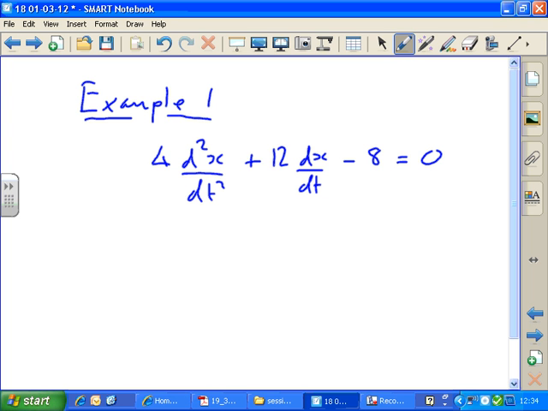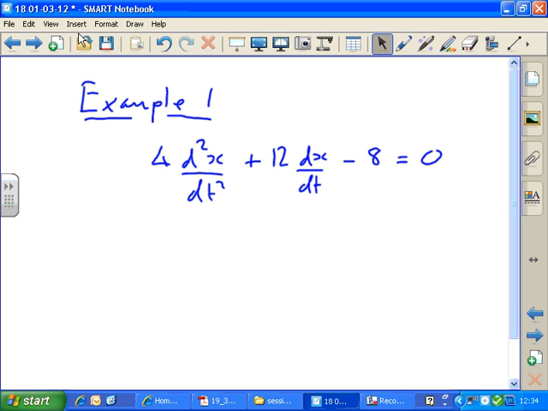This could be an example of the mass on a spring that we've been looking at, m d2x by dt squared. So the mass would be 4, whatever units we're measuring the mass in, probably kilograms. The second part of this differential equation is the drag part, in which the 12 would represent the viscosity of the liquid. And then finally, we've got this K for the restoring force of the spring, so minus 8. So that could be one sort of scenario.